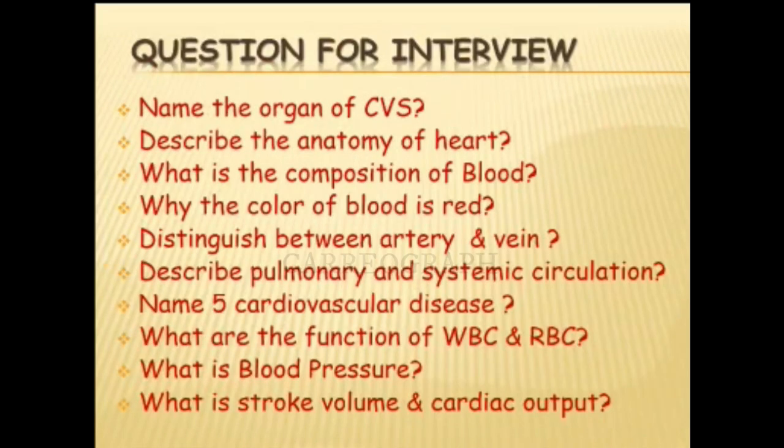In all these conditions, we have cardiovascular diseases. So friends, we have seen the entire cardiovascular system, that is the organs which are involved like the heart and blood vessels, and we have also seen about the blood, which is also the main component of the cardiovascular system.